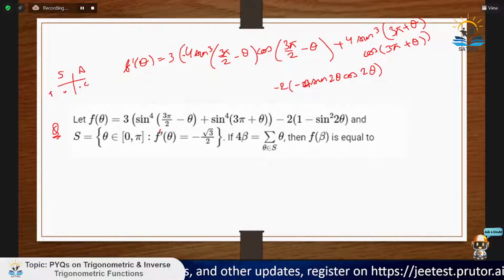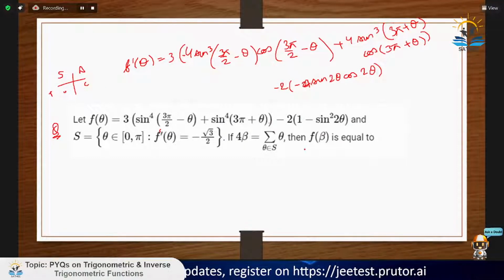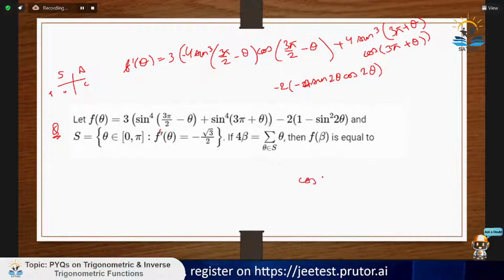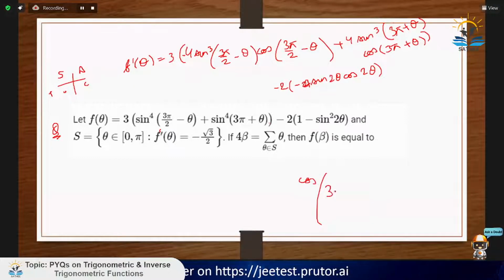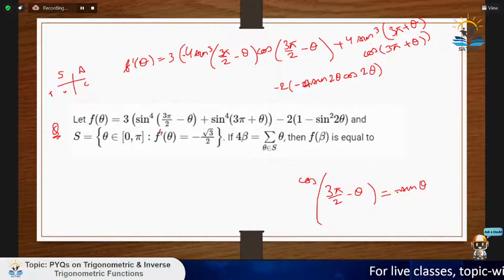So in this quadrant tan is positive, so cos would be negative, so cos of 3 pi by 2 minus theta is equal to minus sine theta. Why so? Because this is the home for tan, so cos would be negative, that's why we got a negative sign, and we know that when there is an odd multiple of pi by 2, the cos changes to sine.